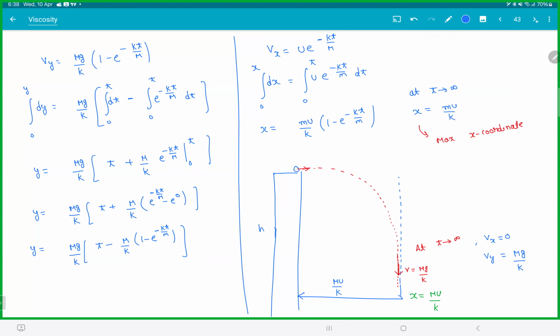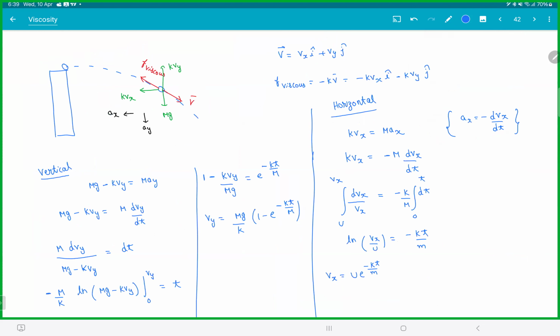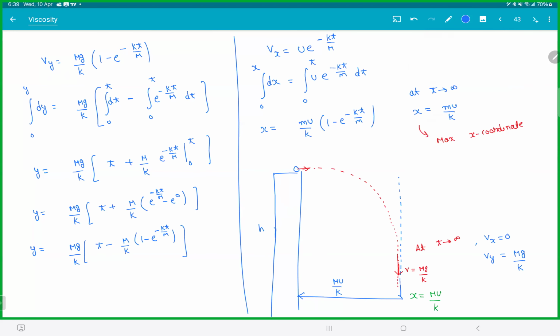Clear with this? I hope everyone got the steps. With that, we're done with viscosity. The second part, surface tension. Any doubts on this problem, please ask me.